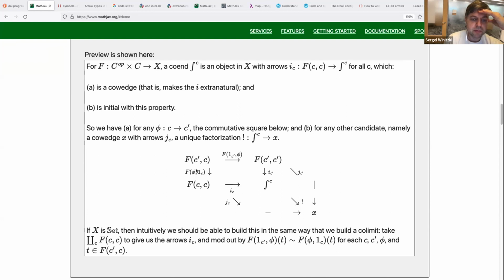And you can map it to f of c prime c prime by using it being covariant in the second argument. Then you can use these arrows i_c and i_c prime on each of them to arrive at the same result.